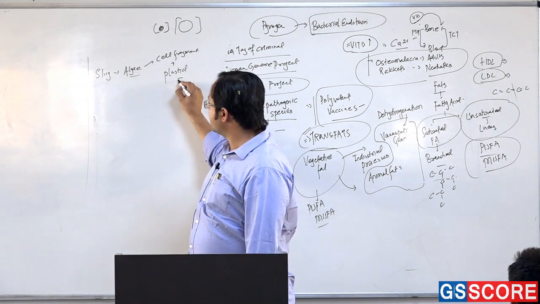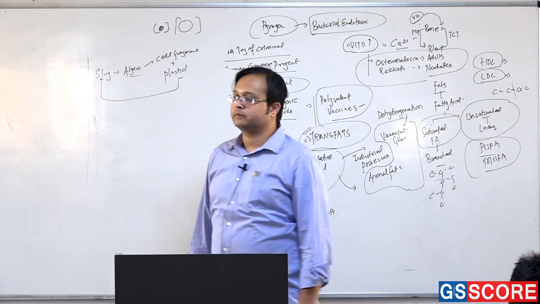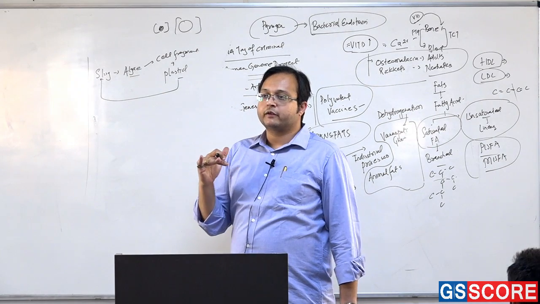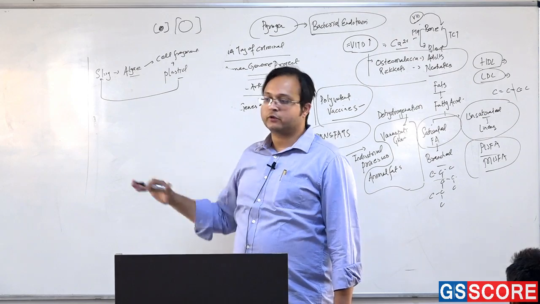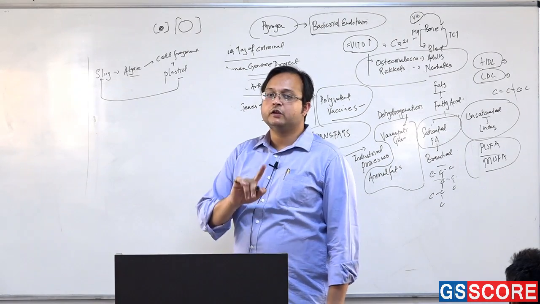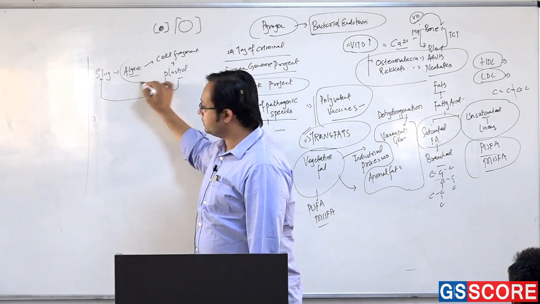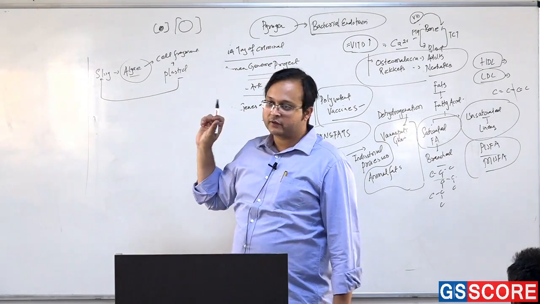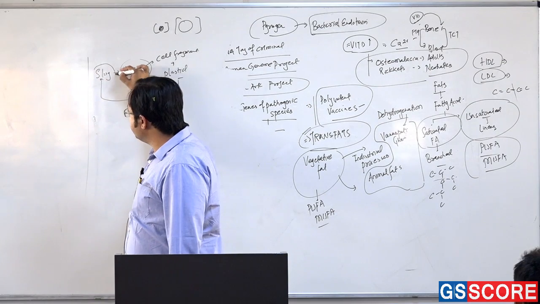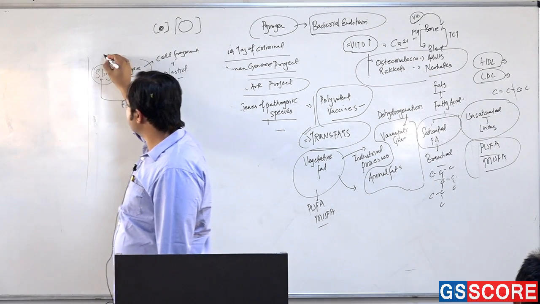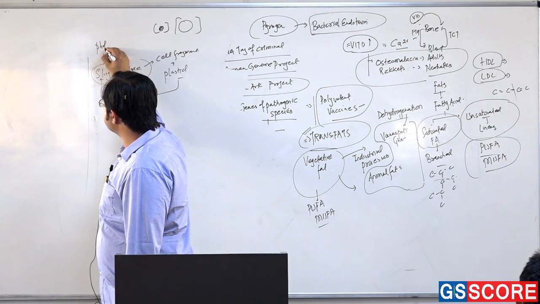Then this slug absorbs this plastid and maintains it completely for the rest of its lifetime. That means it eats once in its lifetime, that eating is of the algae only, and it extracts the plastid and maintains the plastid with itself, and finally it goes for photosynthesis.